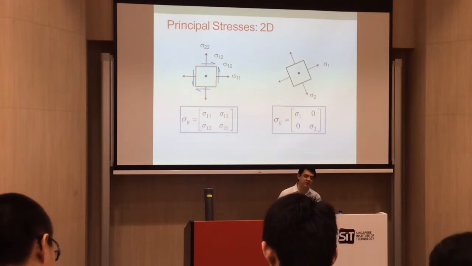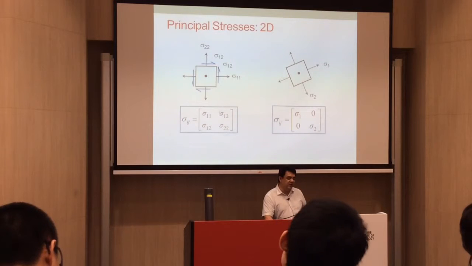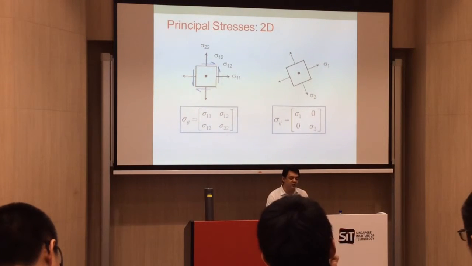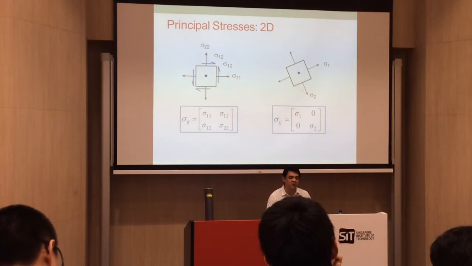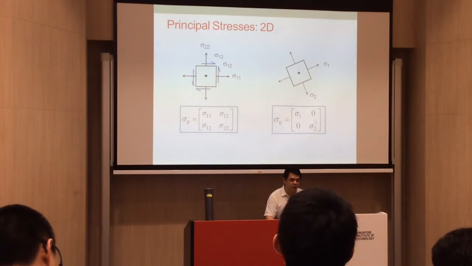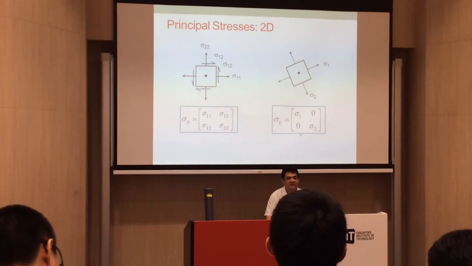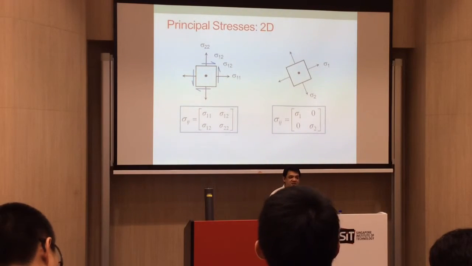It's the same with 2D. So if you have 2D, you have 2 normal, 2 shear. But you will be able to rotate this one such that you only have 2 normal stresses and no shear stress. Principal stress. That's the definition of principal stress.